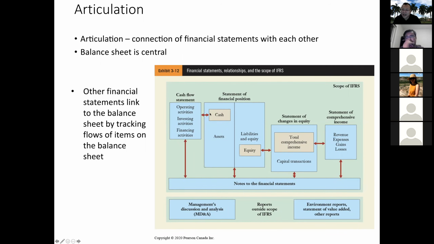And there's a cash balance for the assets, and the changes in cash will be explained by the cash flow statement, right? So this is how these 4 financial statements are connected. They are not standalone. They affect each other, okay?